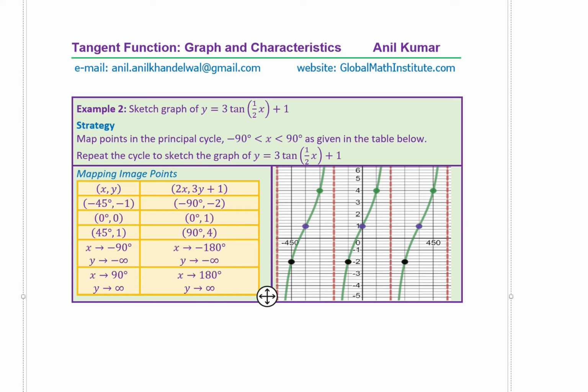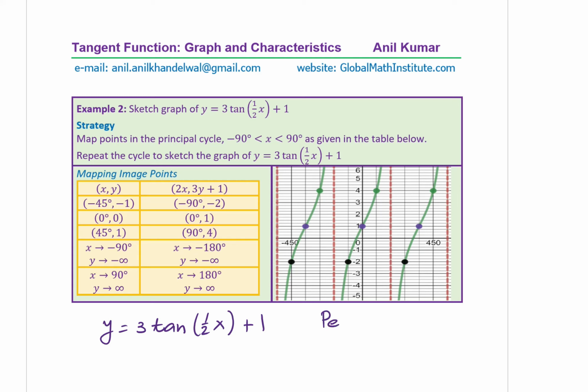Now to begin with, let's analyze the function, which is y equals 3 tan half x plus 1. Clearly, in this particular case, the period will now be what? Since it is half x, it is going to be stretched horizontally by a factor of 2. So the period will be 2 times 90, which is 180 degrees, correct?